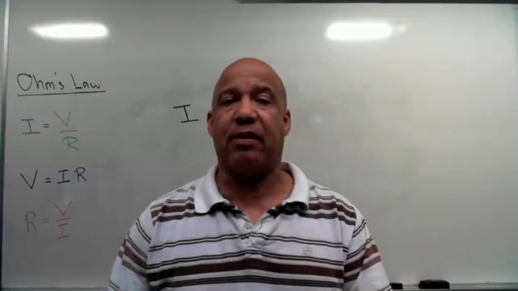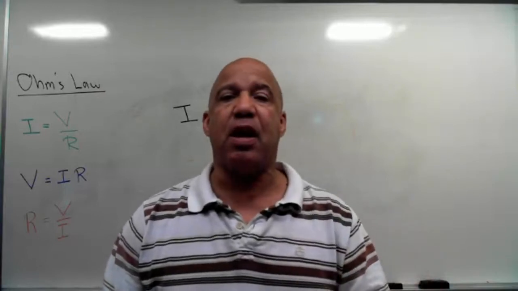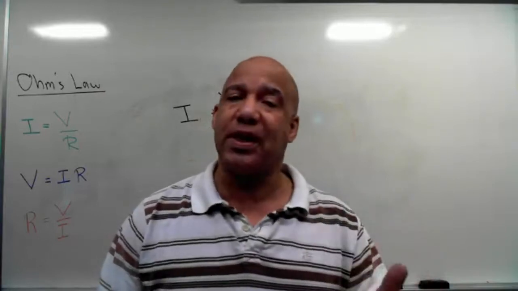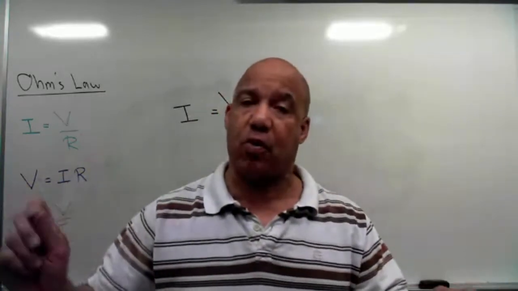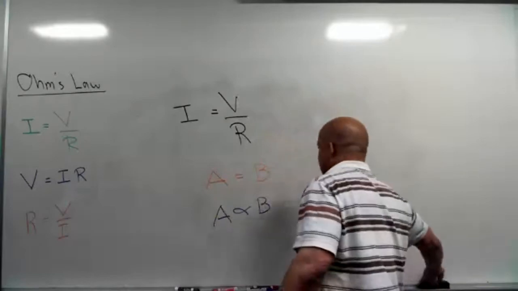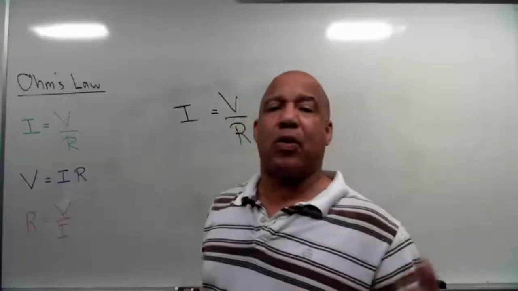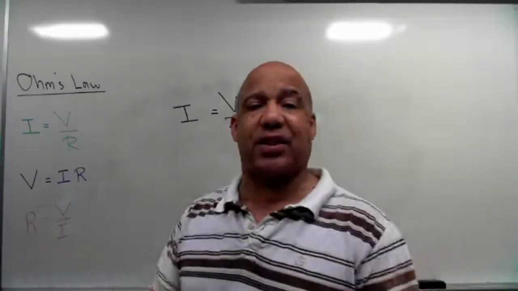Now I'm sure you've heard of this idea of proportionality, but what does it mean? What does it mean to say one quantity is directly proportional to another quantity? When one changes, so does the other, but not just that. When one changes, the other changes exactly the same way.